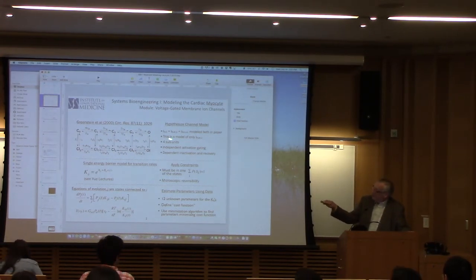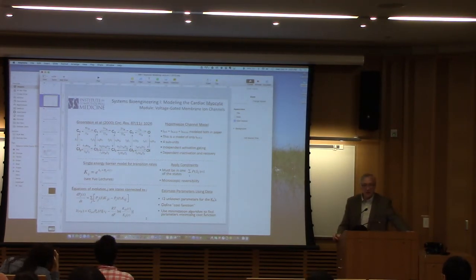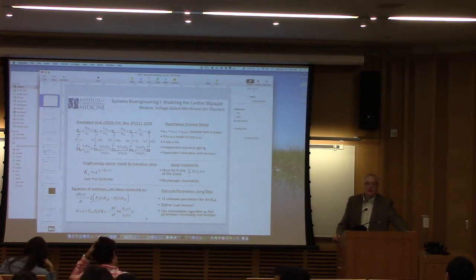This is the activation pathway for that particular potassium current. There are 4 closed states leading to an open state, and then there are 5 inactivated states. And so the question was, where do the equations of evolution come from that describe the behavior of this kinetic model of an ion channel?